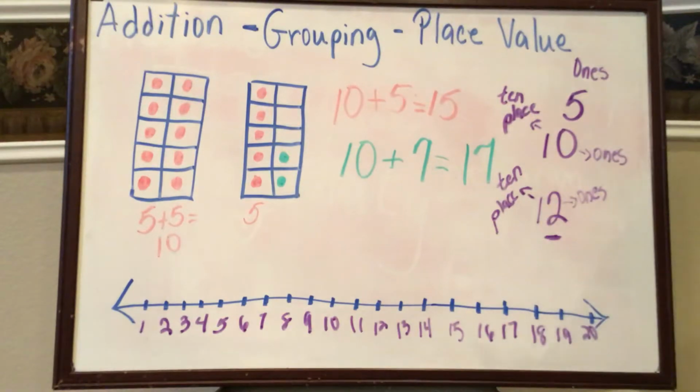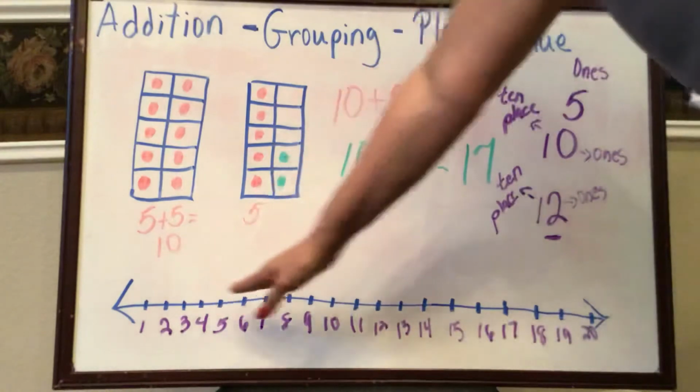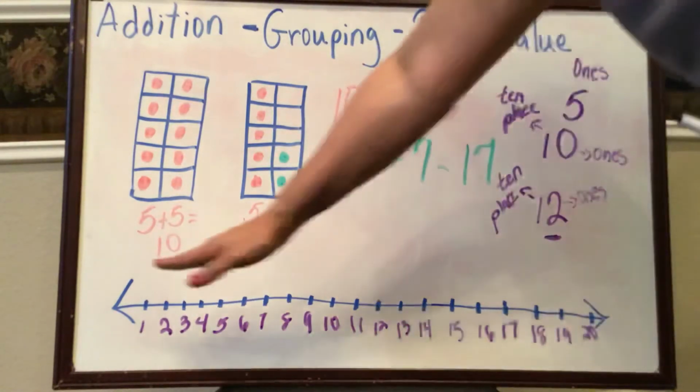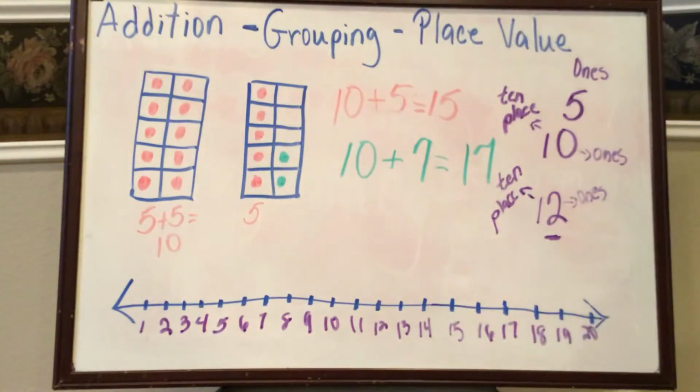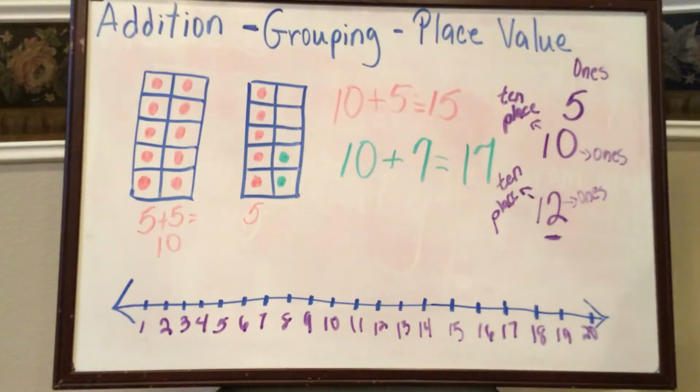So I made a number line with 20 different numbers, 20 different places, okay? And we can use a number line also to do addition.